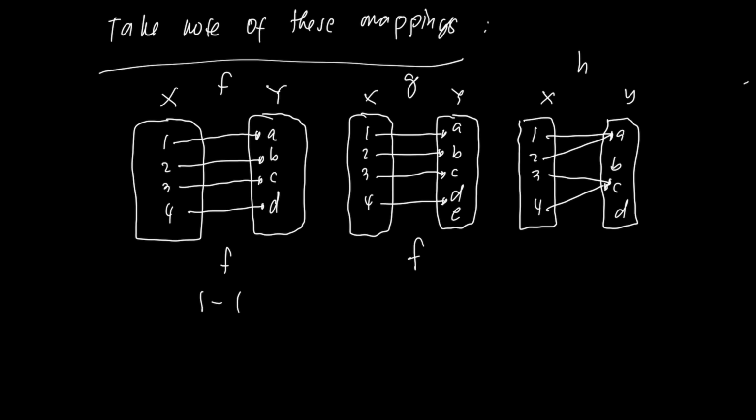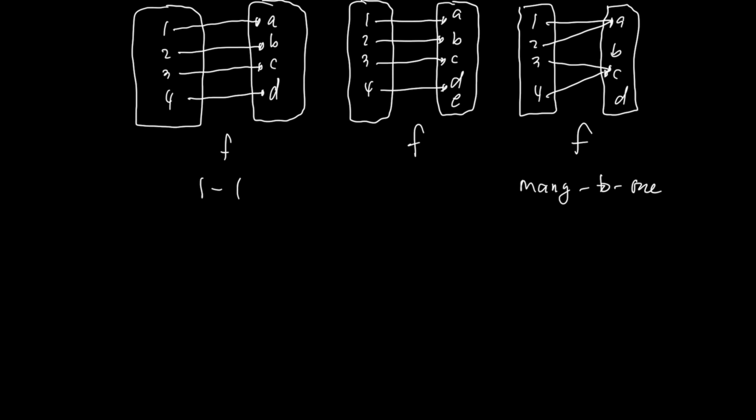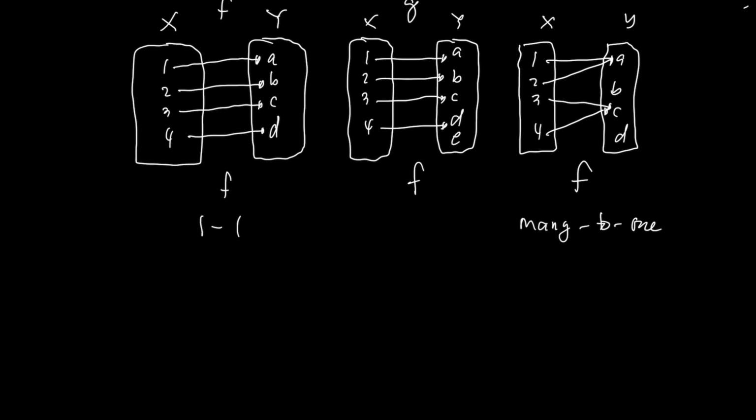However, 1 is mapped to a, and 2 is also mapped to a. This is still a function, but the mapping is many to 1. Although the function g looks like a 1-to-1, this is not considered 1-to-1. Why? Because there is one element in y which has no mapping from x.